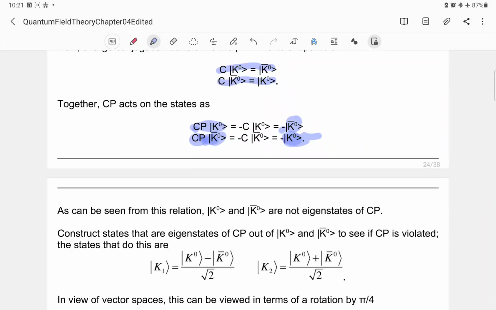K0 and anti-K0 are not eigenstates of CP.